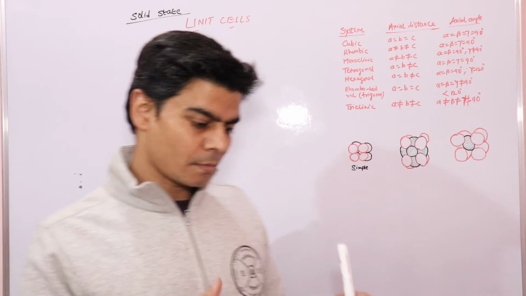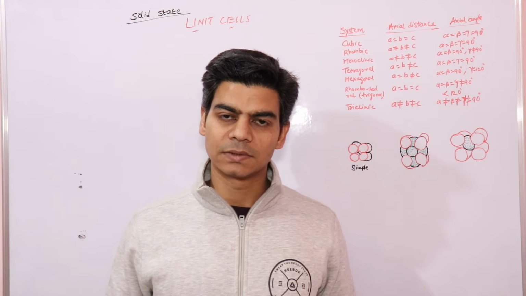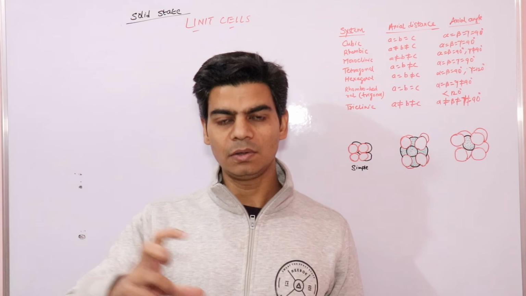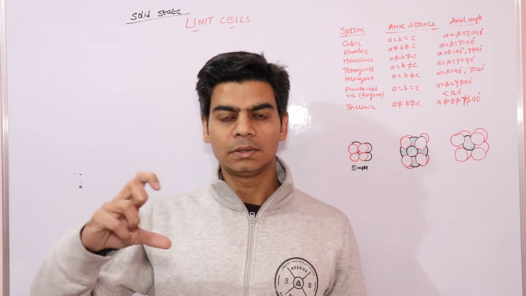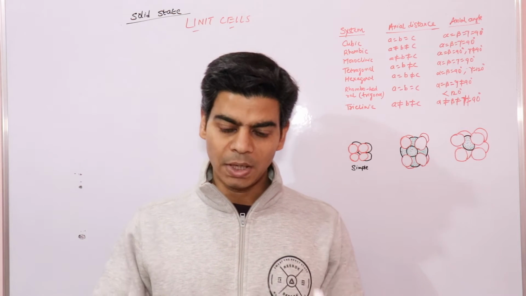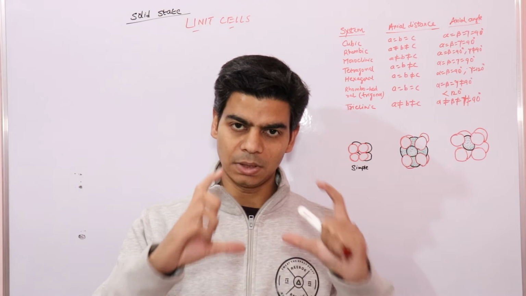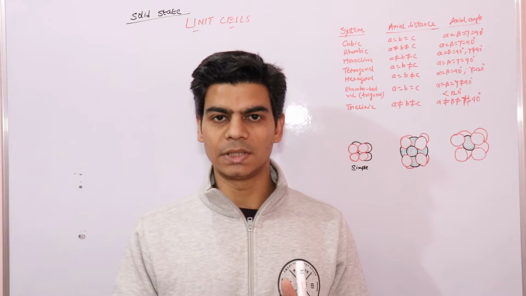The crystal lattice is a regular arrangement of points that represents the constituent particles in a crystal. The smallest portion of this crystal lattice is your unit cell.